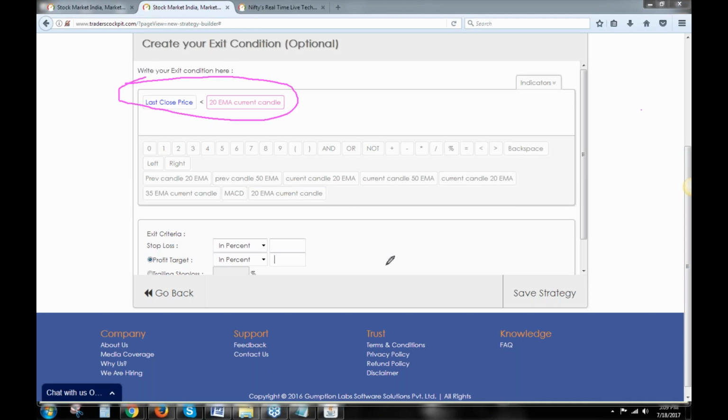But alternatively, rather than putting an exit condition, I want to substitute it with a fixed stop loss value. So what I can do is come to this downside bar here, and put, say, a stop loss value of 3%, and accordingly the target value will be put at somewhere like 5%, say.